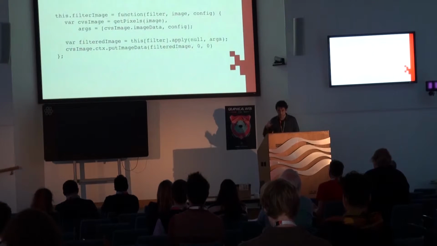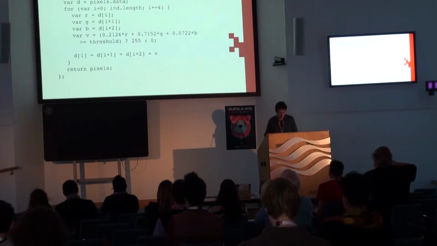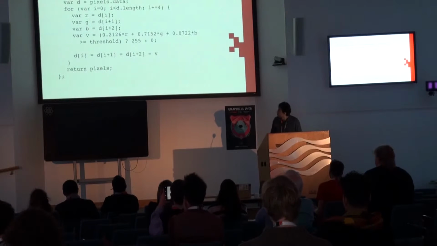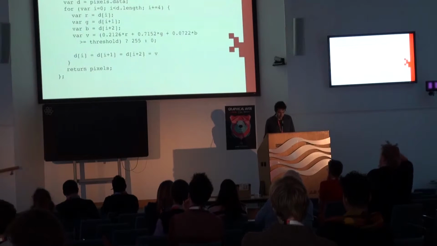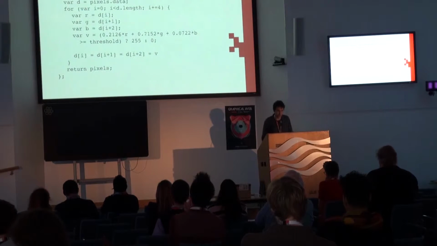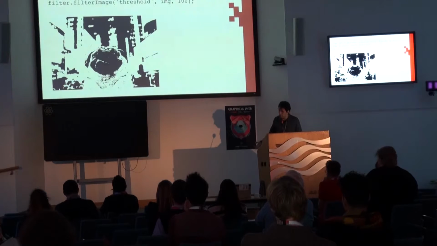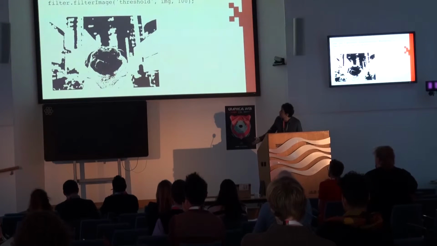Then it applies the rule and calls a filter function, like this threshold filter. It could be grayscale or another filter. There's no secret in this code: it goes pixel by pixel, applies the rule, and finally returns the pixels. So in the end, we get an image.